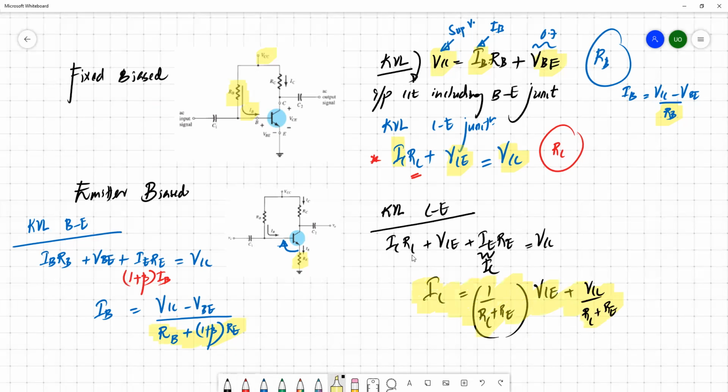At the same time, this is the output characteristics. So this is the output and this is the input. See that RE is in both ends. So if you see some changes in the output circuit, it can reflect to the input circuit also through the RE, the emitter resistance.